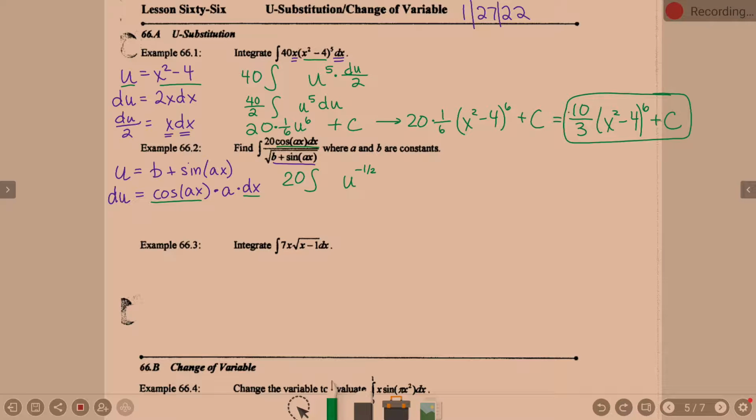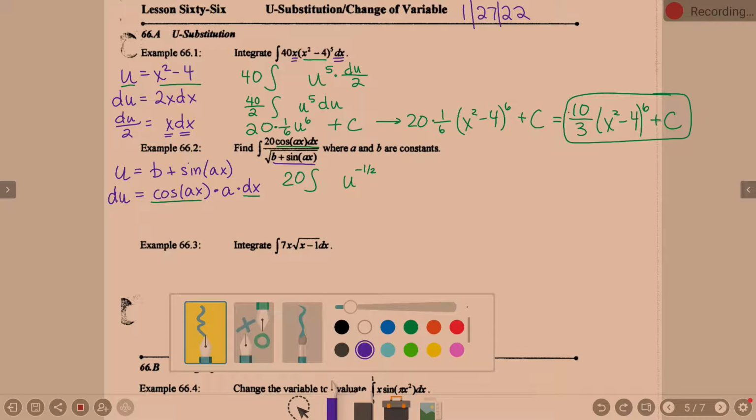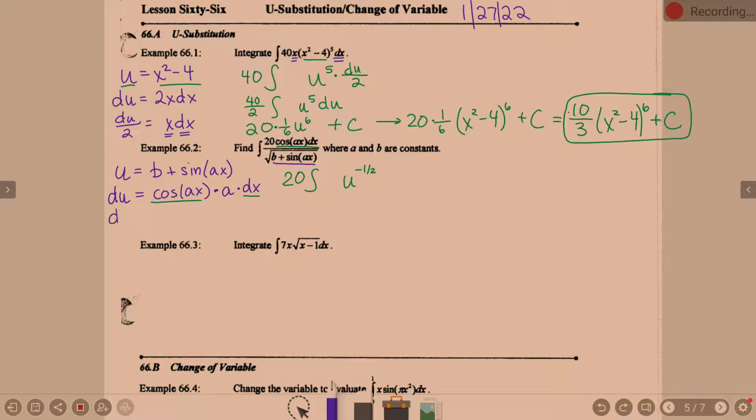So we're going to have to divide that over, and that's going to be over with the du. So du divided by a is equivalent to cosine of ax times dx. And so now to replace the cosine ax dx, I'm using du over a.